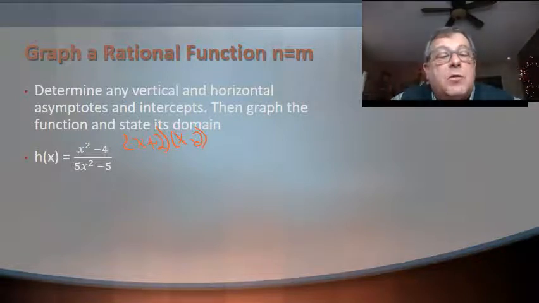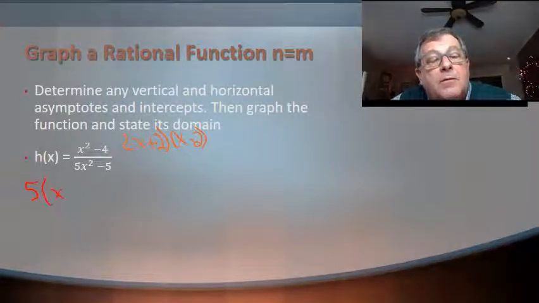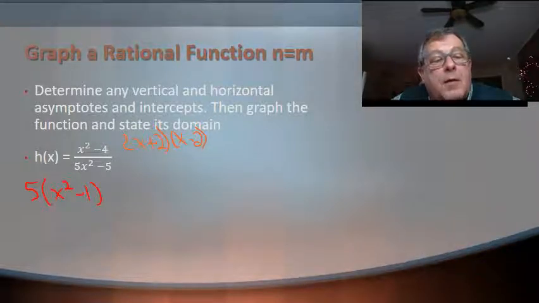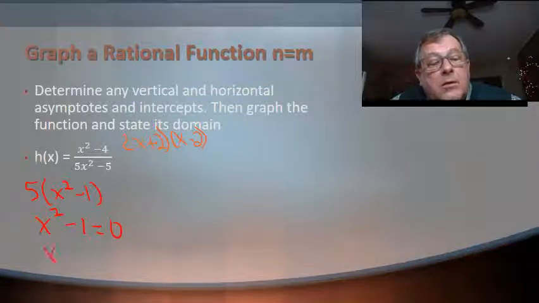Now, I've got a 5x squared minus 5, so I can factor out a 5 right off the bat. And that's going to give me x squared minus 1. And then I'm going to set this x squared minus 1 equal to 0 and solve for x. And so I've got x squared equals 1.